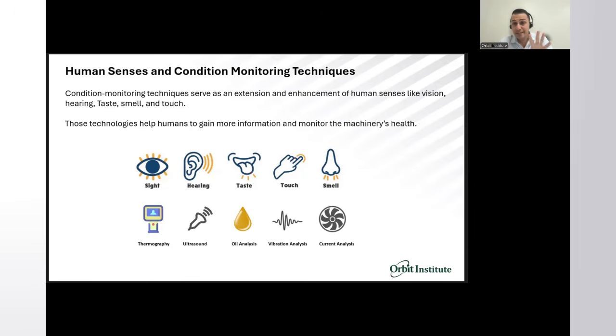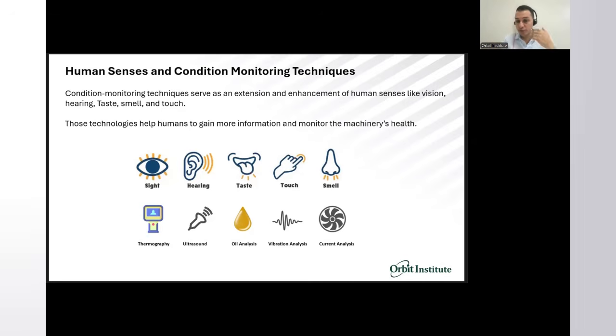While these sensory inspections offer immediate insights into the machinery, they are subjective and limited in accuracy. The modern condition monitoring techniques enhance and extend human capabilities by using advanced tools and sensors to detect and analyze equipment health more precisely.